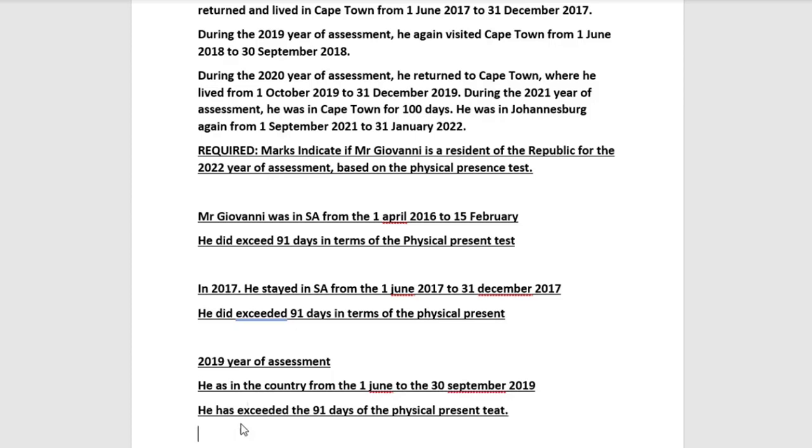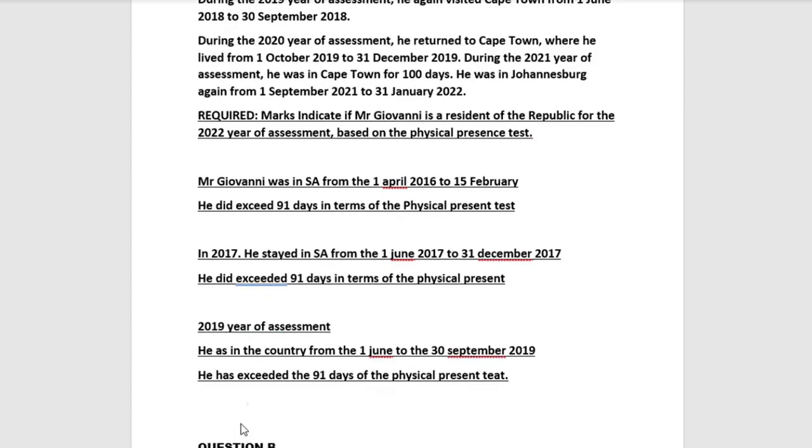So during the 2020 year of assessment, he was again in South Africa from the 1st of October 2019 to the 31st December 2019.